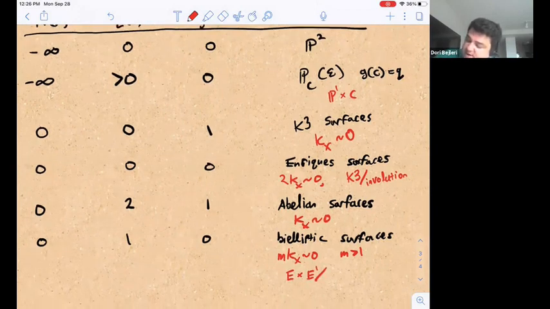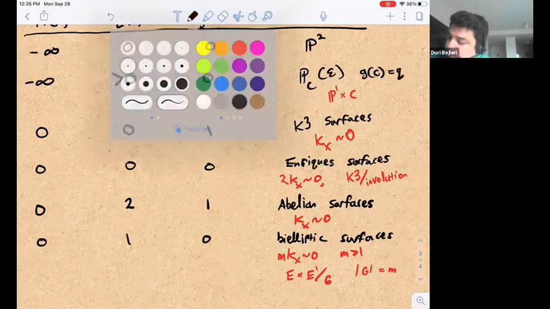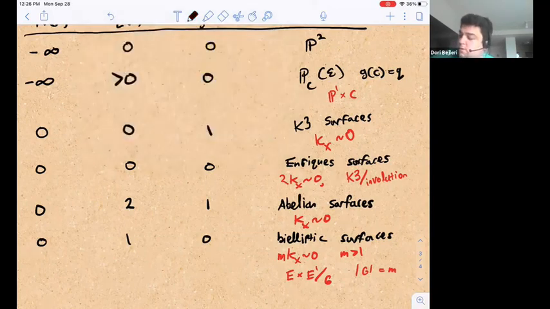So modulo some finite subgroup of the automorphism group, maybe I'll just write G, where this m is the order of G. And that's why they're called bielliptic, because they're quotients of products of elliptic curves.